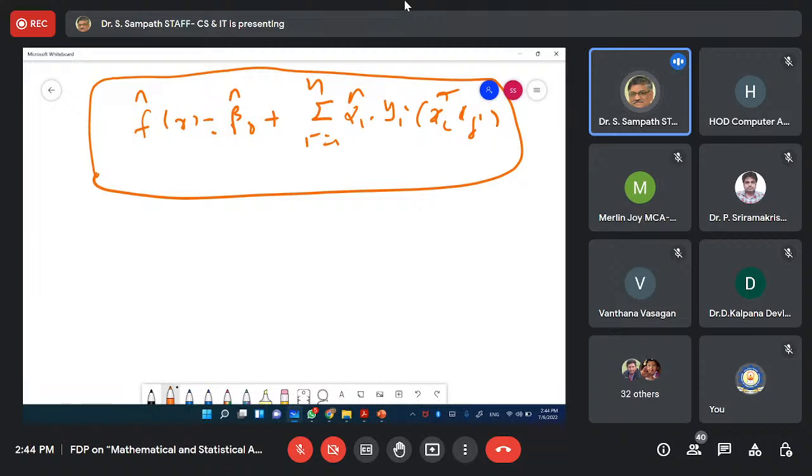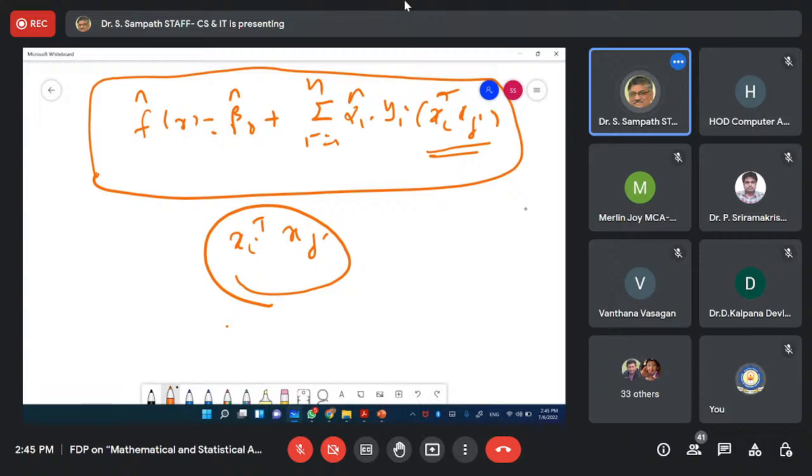When we do not have linear separability, what do we have to do? If you look at this expression, the role of the training data points comes only here, in this xi transpose xj. Here only you have the contribution from the features.